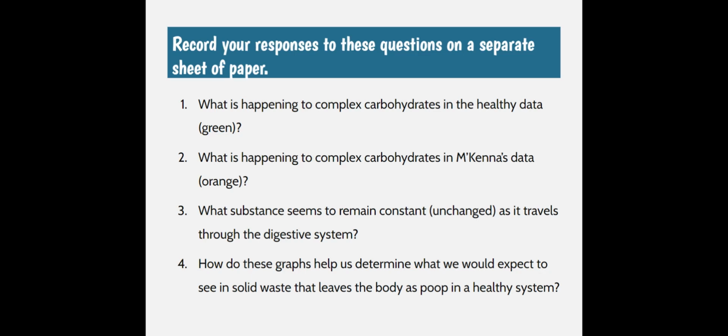And how do these graphs help us determine what we could expect to see in solid waste that leaves the body as poop in a healthy system? These should be answered in complete sentences, but you do not need to copy the question.